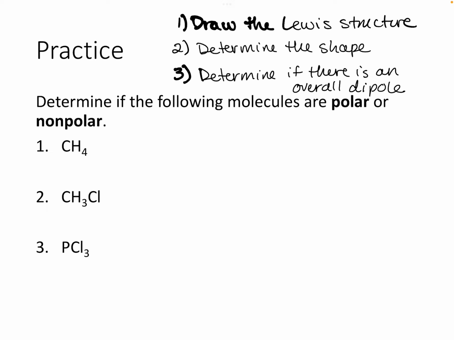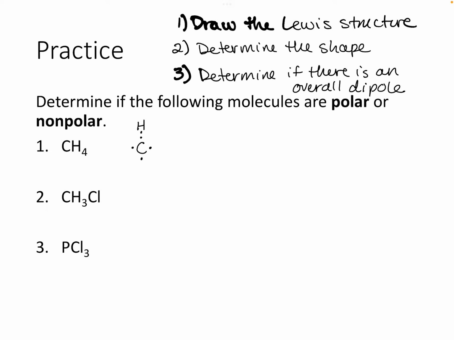All right, let's start with CH4. So let's draw the Lewis structure to help us figure out the shape of this molecule. So carbon is in the middle, it's by itself in the formula, but additionally it can make more bonds than hydrogen. So carbon again has 4 valence electrons. It's in group 4 of the periodic table.